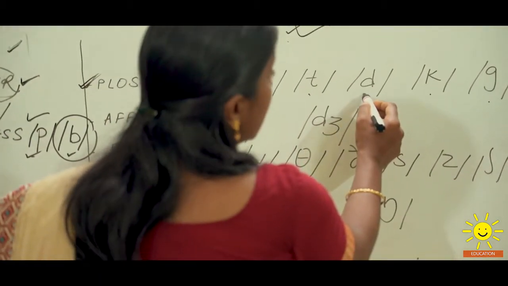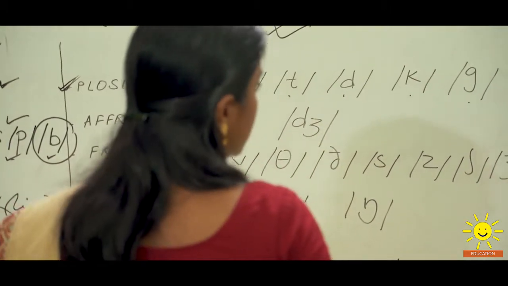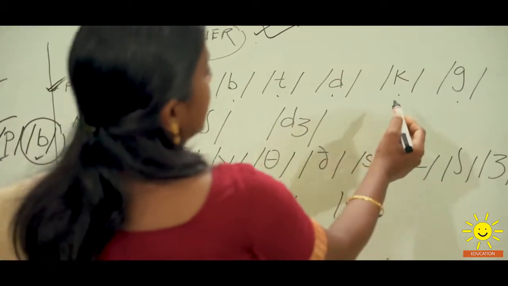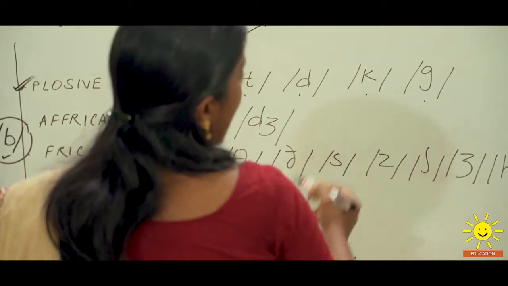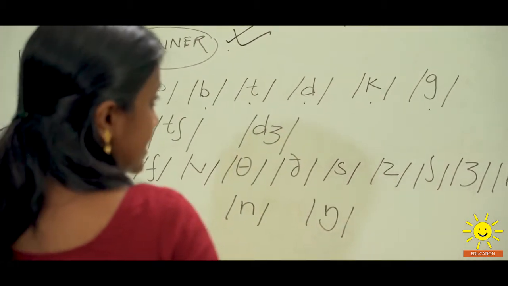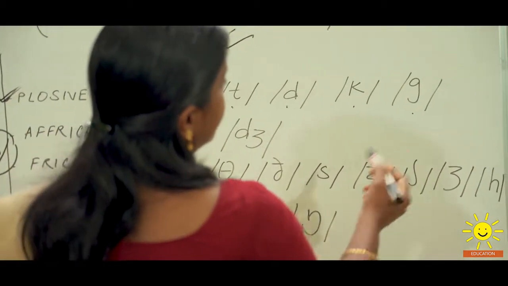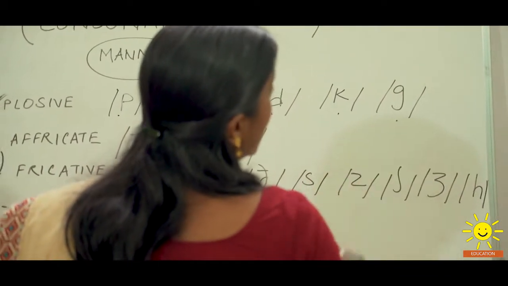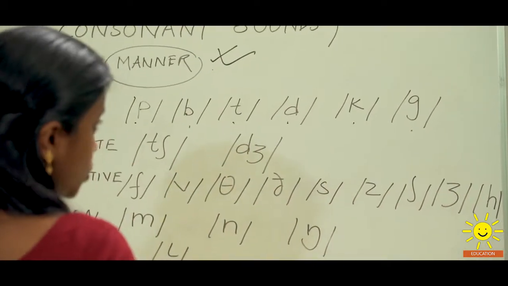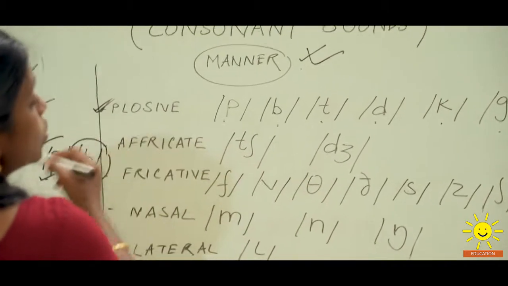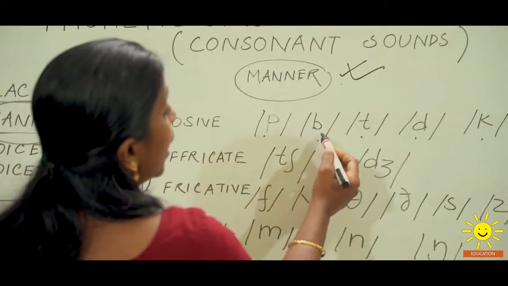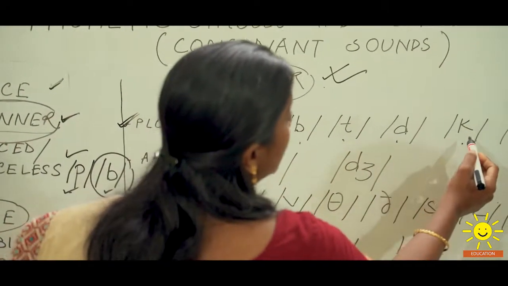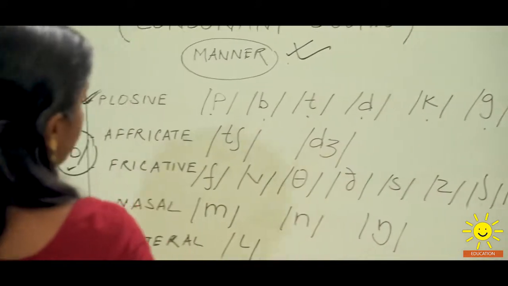This is the d sound, as in dog, doll. This is the k sound, as in kite, king. This is the g sound, as in god, goat. So, the 6 plosive sounds are p, b, t, d, k and g.